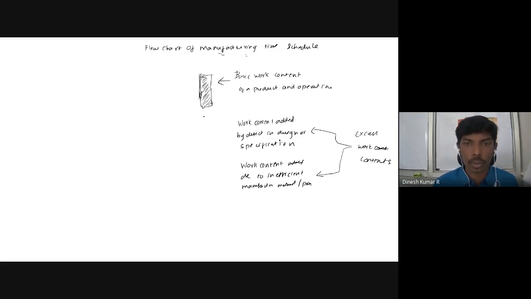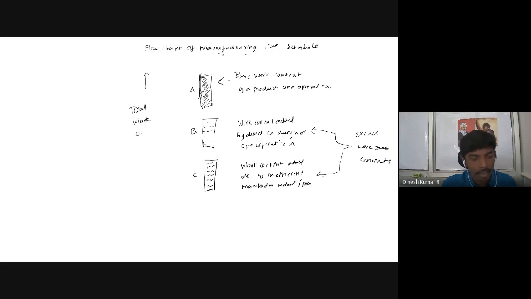Let us consider that if this is component A, this will be component B, which happens due to work content added by a defect in design. Then we have one more process sequence where we have a component C, added by inefficient manufacturing methods or process, right? These things are going to give you the total work content, right?